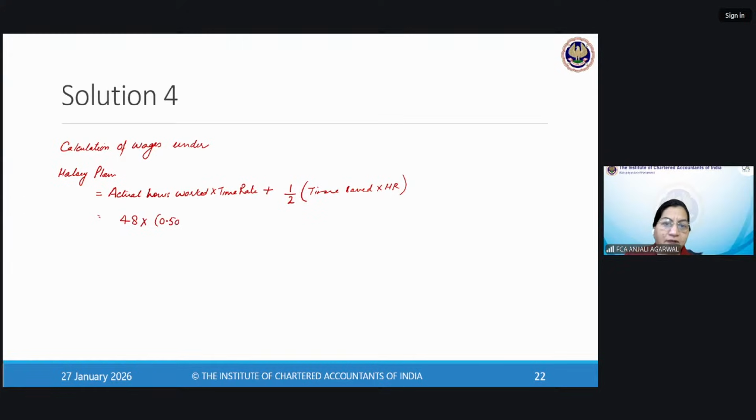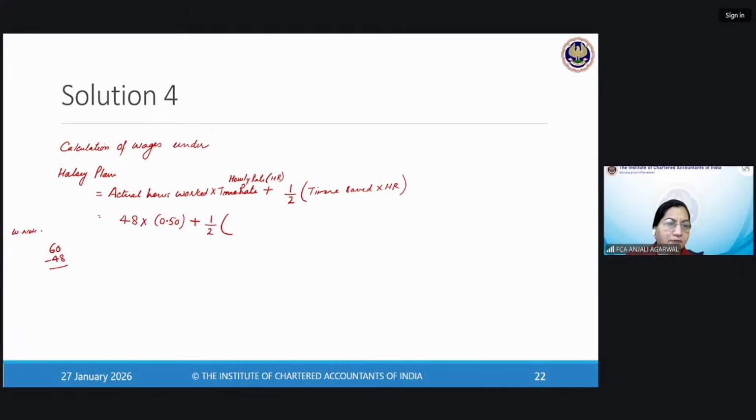Instead of time rate, we can also call it hourly rate, HR. 48 into 0.50 plus half of the time saved. So what is the time saved? 60 minus 48. You can make a working note of this.